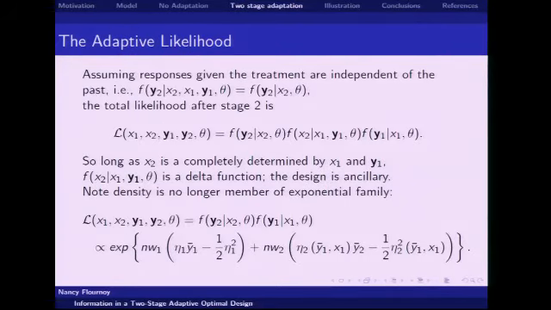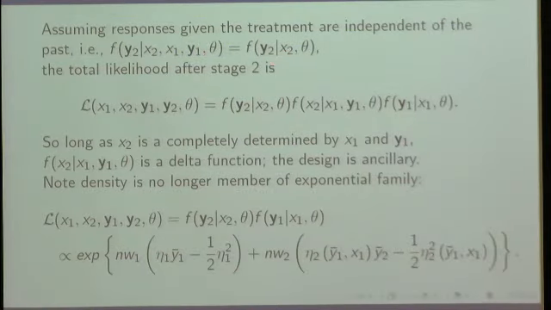Okay, so now let's go back to the likelihood. For the adaptive case, the only assumption we make is that the responses given the treatment are independent of the past. So in particular, the second stage responses do not depend on x1 if you know x2, and they don't depend on y1 if you know x2.